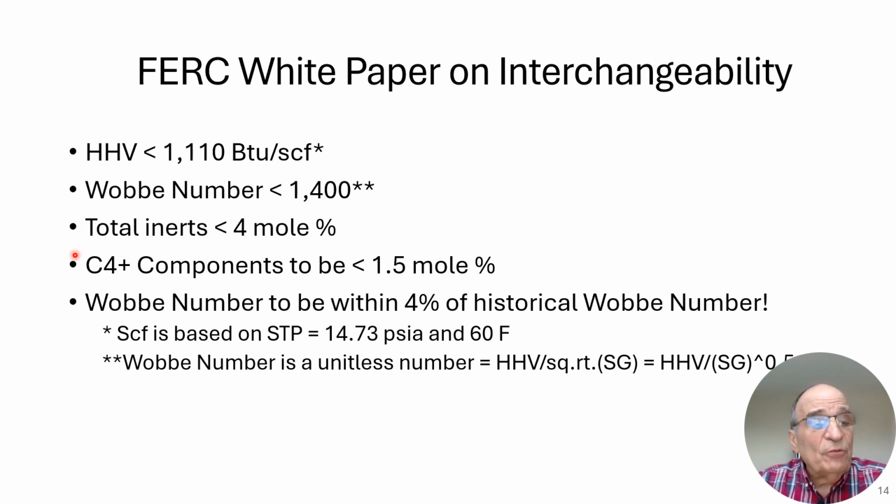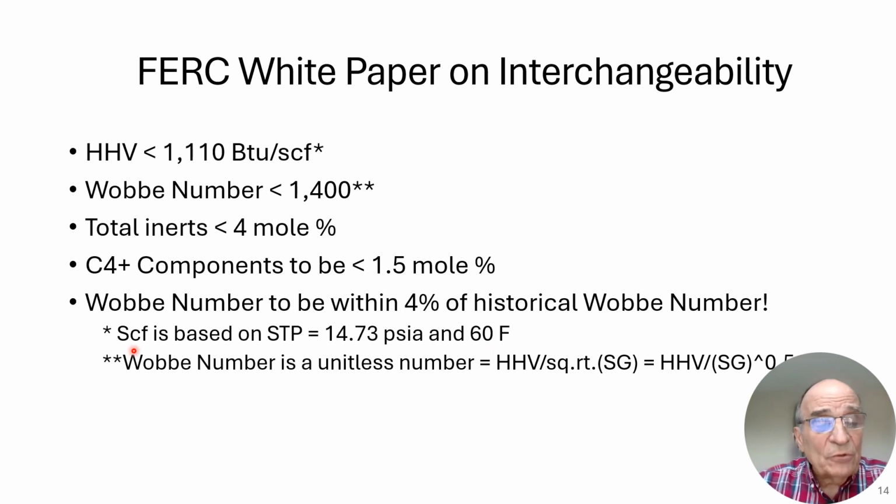Your C6+ components need to be less than 1.5 molar percent. And the Wobbe number needs to be within 4% of the historic Wobbe number for those customers. And this is all based on a standard cubic foot with an STP, standard temperature and pressure, of 14.73 psi absolute and 60 degrees Fahrenheit.